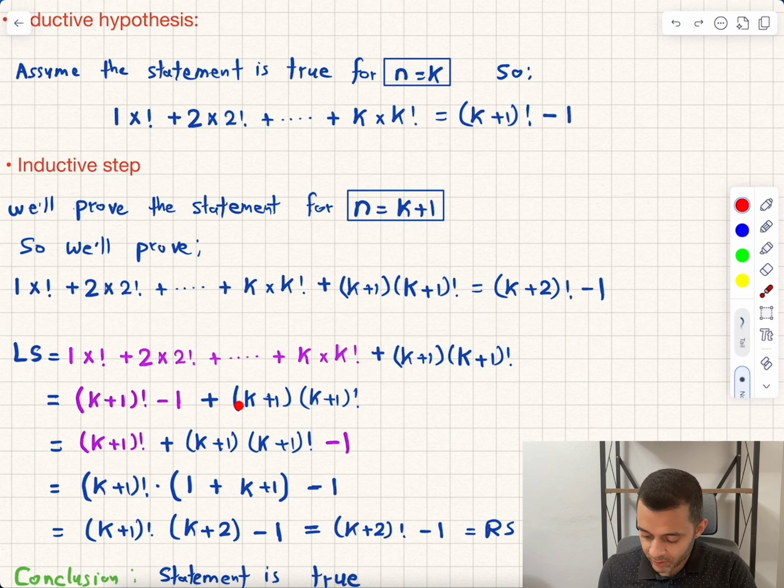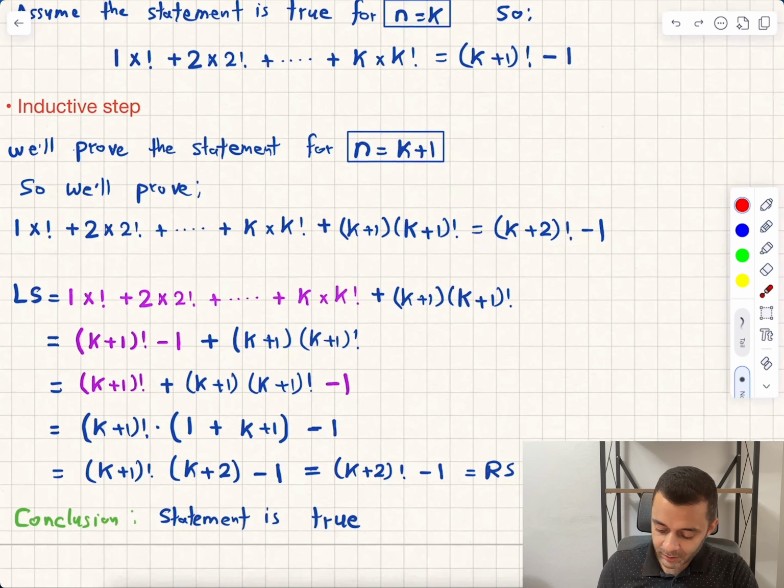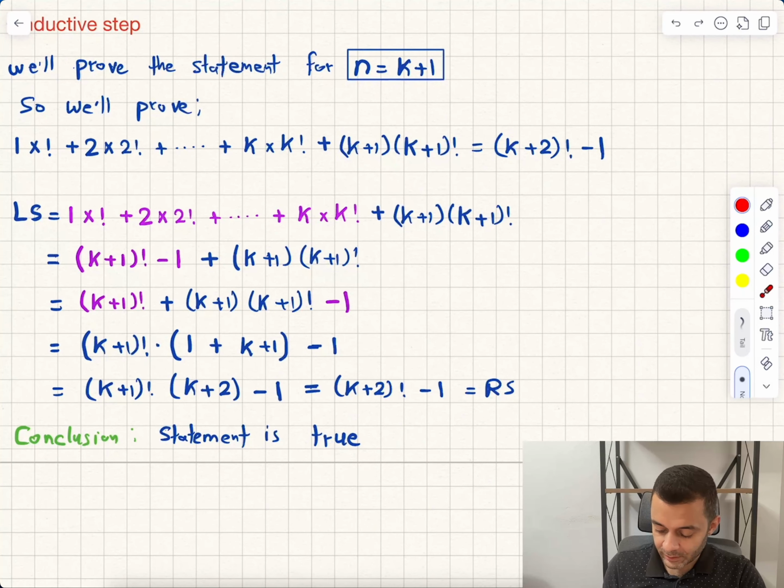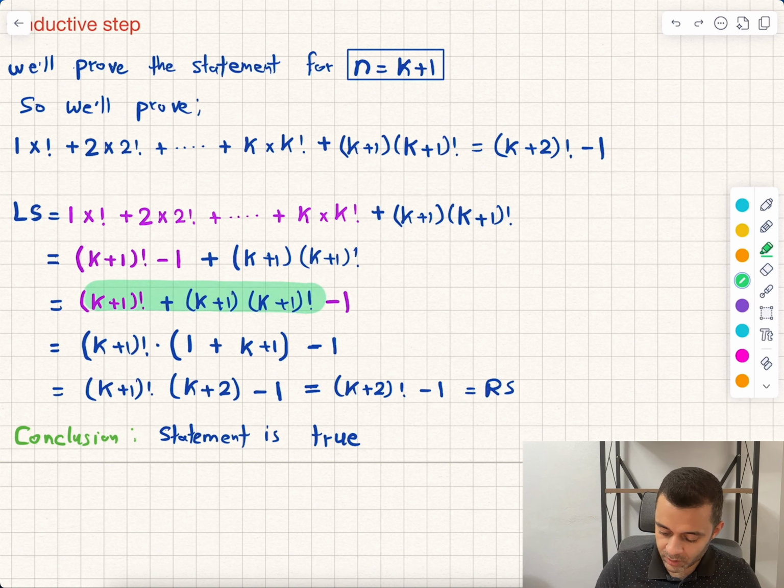But I wrote the k plus 1 factorial here before the -1. I just switched places. Then, notice that here we have k plus 1 factorial, and here we have k plus 1 factorial as well. That's why I factored it out as a common factor only from these two terms. But I kept the -1 as it is.